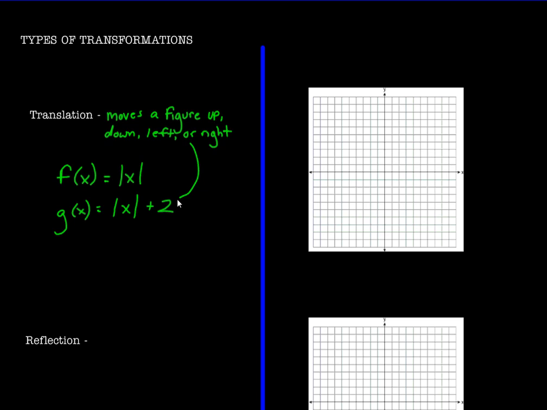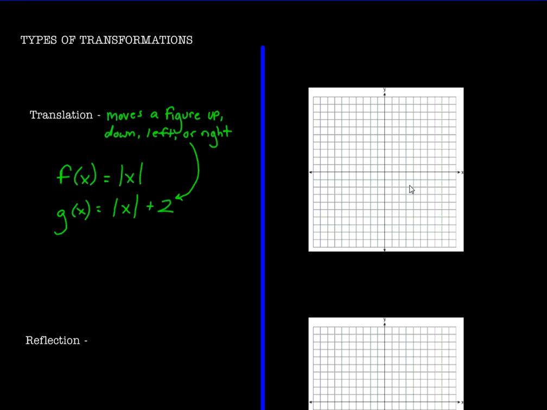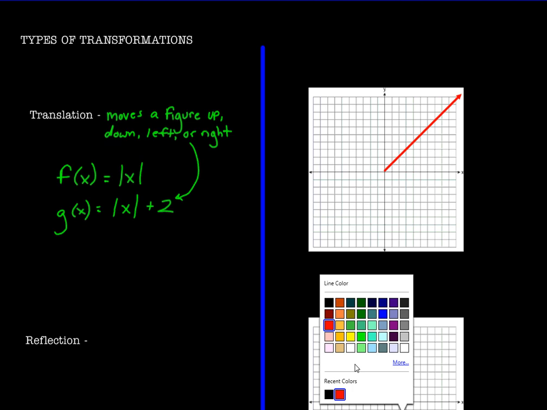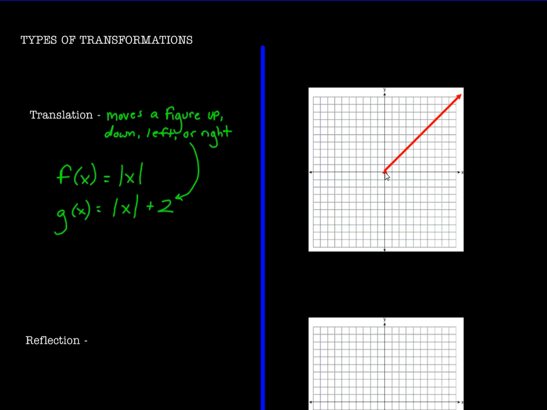And what it does is it takes that old absolute value function like this, whoops, I lost it already. So go ahead and draw an absolute value function. Okay, and it's going to move it up 2.